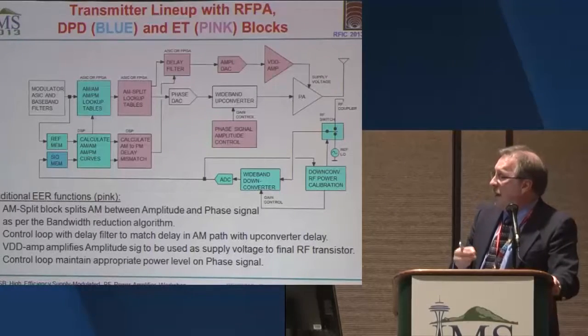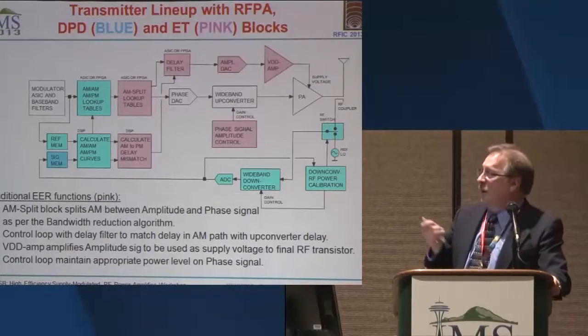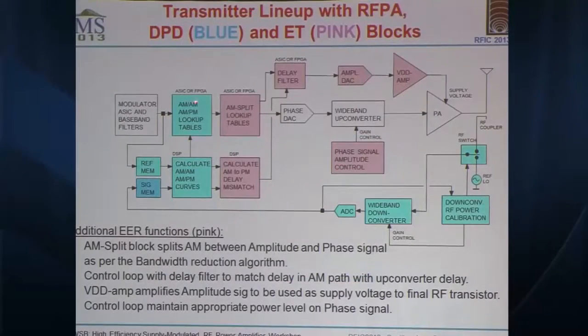So when we add in envelope tracking and DPD to a system, some of the other blocks that now need to be added are the lookup table or function that defines the envelope signal from the complex IQ signal.